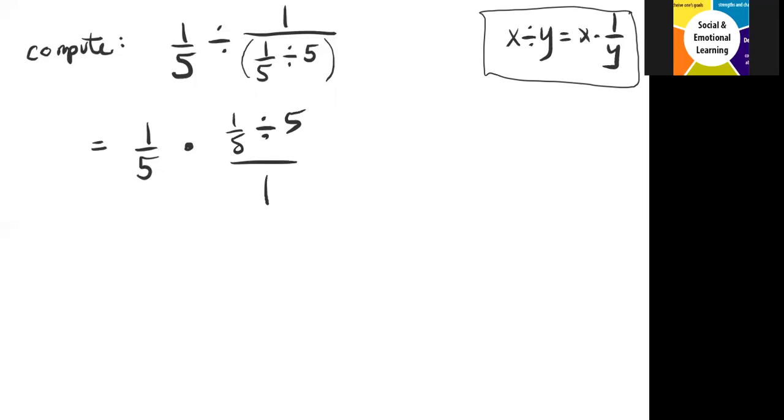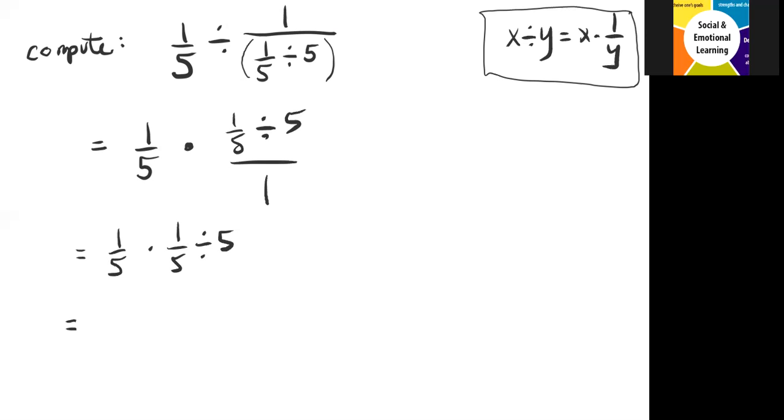Okay. So I know that this is just equal to 1/5 times 1/5 divided by 5, because anything over 1 is just itself. But I don't like this other division sign here. I want only multiplication signs because I'm working with fractions.